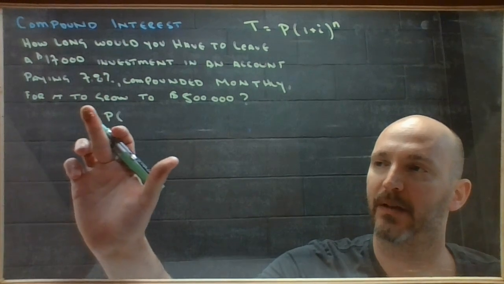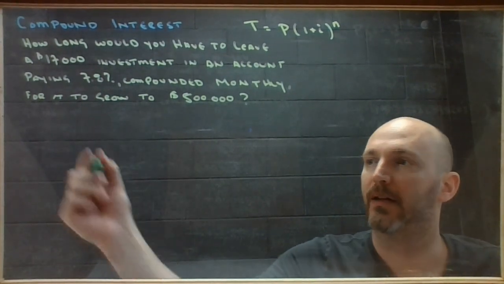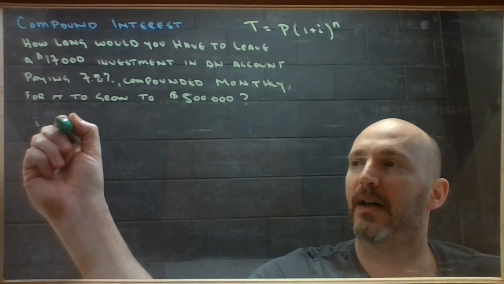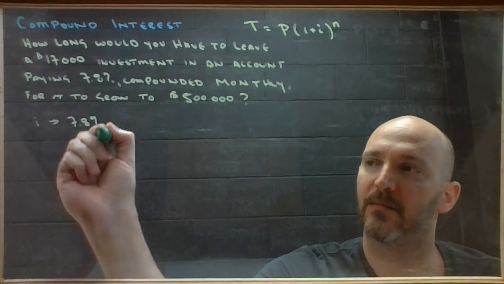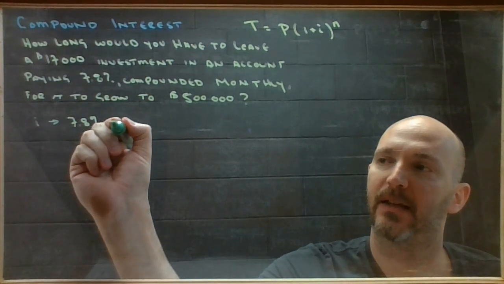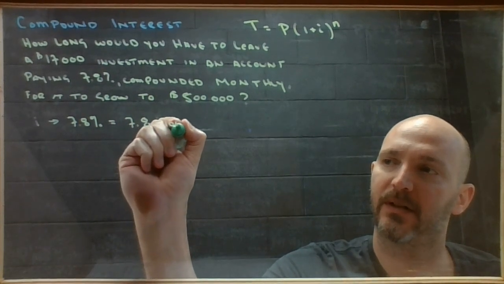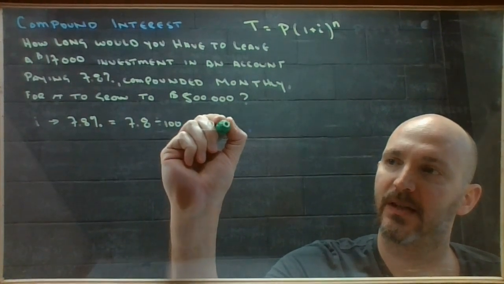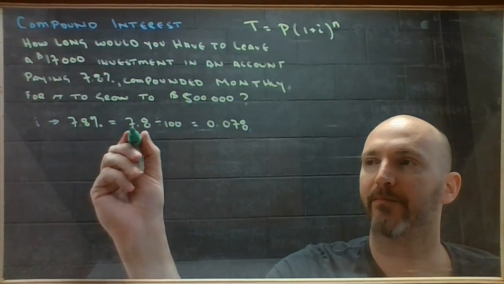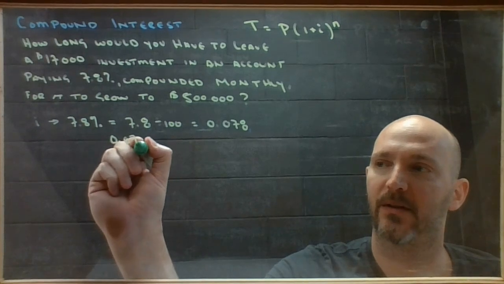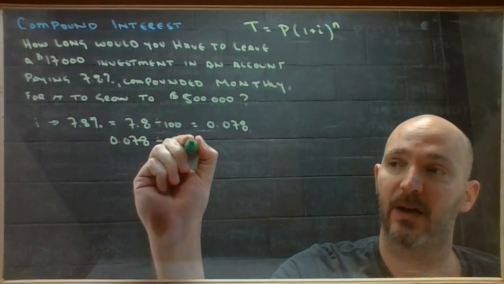Well, I should probably get the interest rate figured out first, shouldn't I? Okay, so my interest rate was 7.8% compounded monthly. That's 7.8 divided by 100, which is 0.078 per year. 0.078 compounded monthly, I have to divide that by 12.